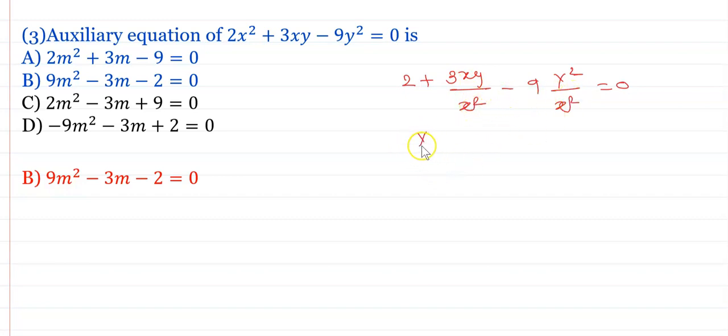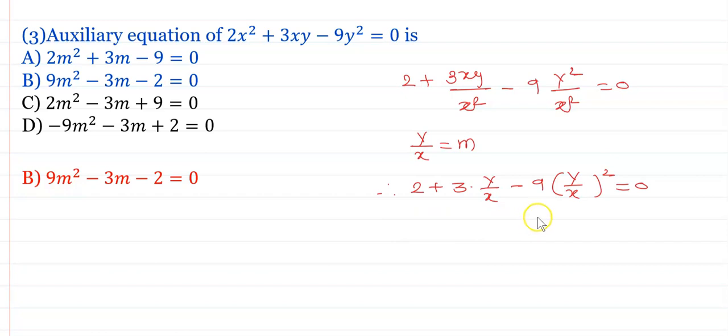Therefore here we have y upon x equal to m. The given line passes through the origin, and therefore you will have 2, and x gets cancelled, so 3 into y upon x minus 9 y upon x, whole square, and that's equal to 0.